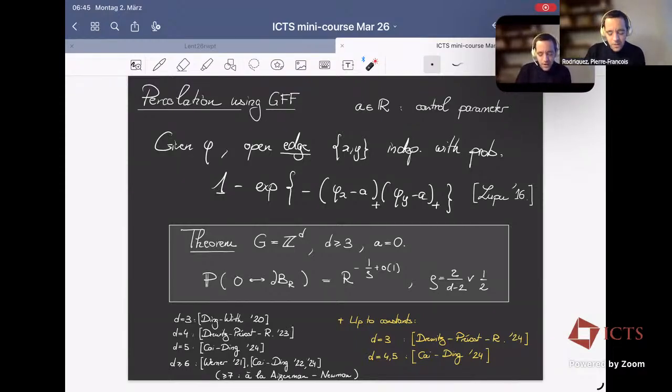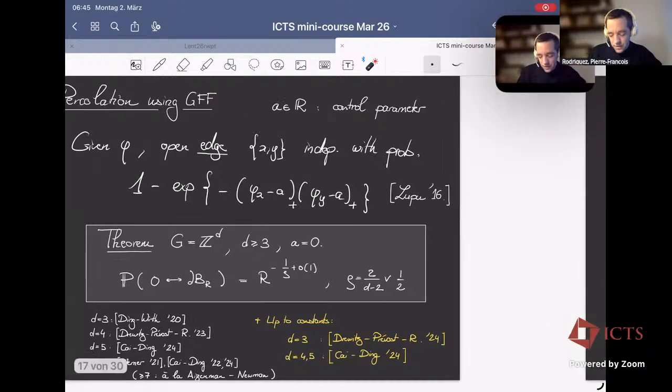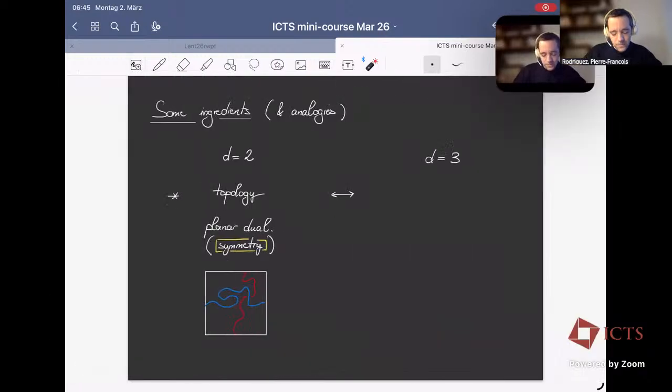All right, so I want to give you some analogies to these ingredients that I mentioned for the two-dimensional result, just to contrast things a little bit. I told you one important thing in the dimension 2 case was topology that you can exploit using planar duality, and that was the story that you can either have horizontal open or dual closed crossings, but you cannot have them simultaneously.